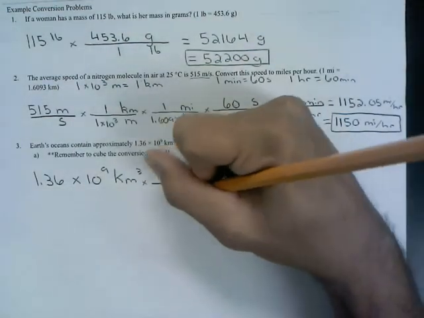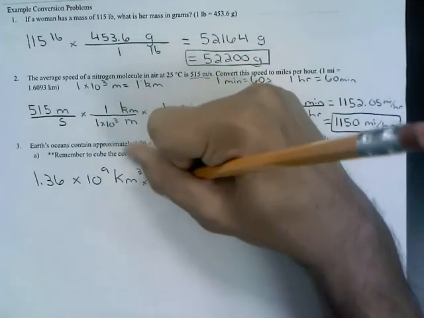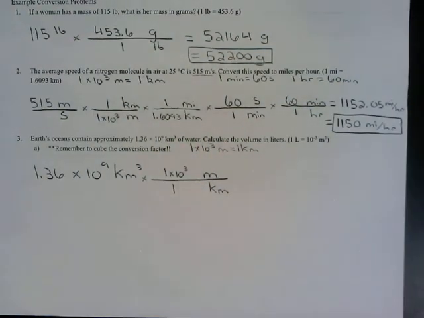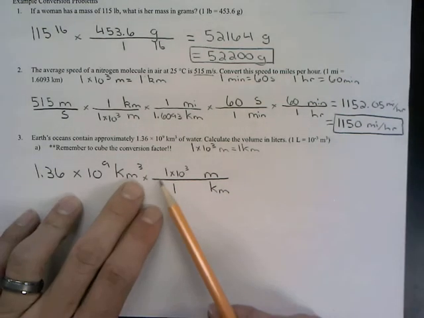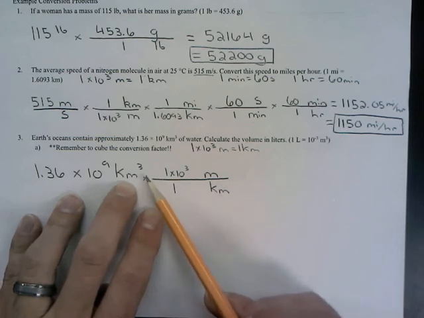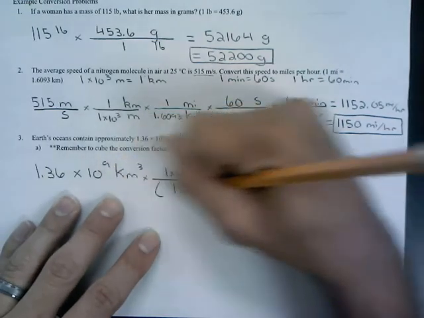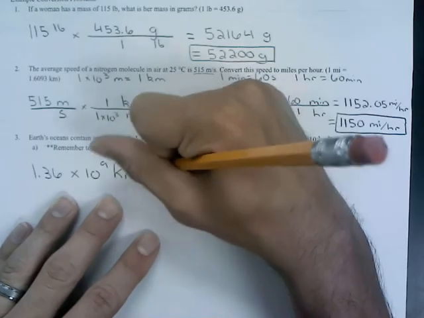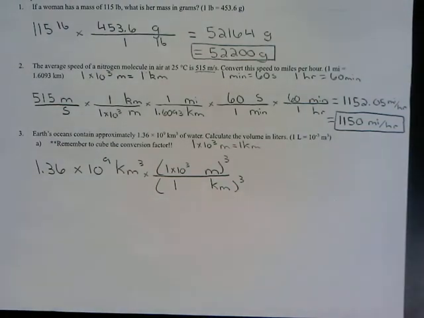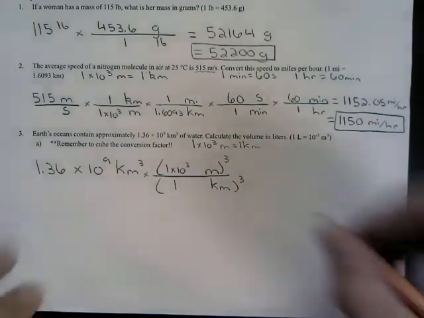So 1 kilometer is 1 times 10 to the third. Now, we have to hit the pause button here because we have to cube this. Notice how this is km and this is km cubed. What that means is we need to cube our conversion factor. Okay? So that will be key as we multiply this out.